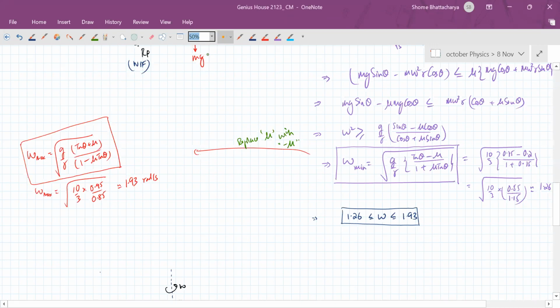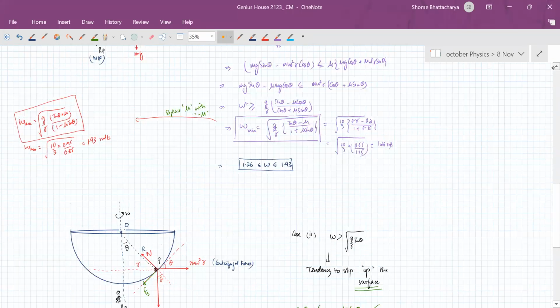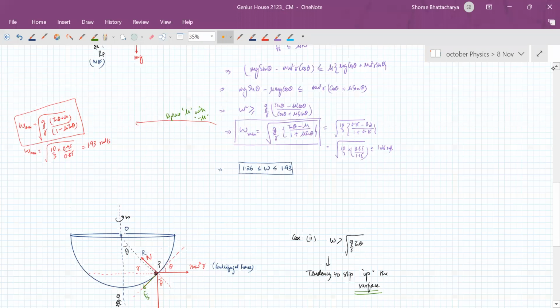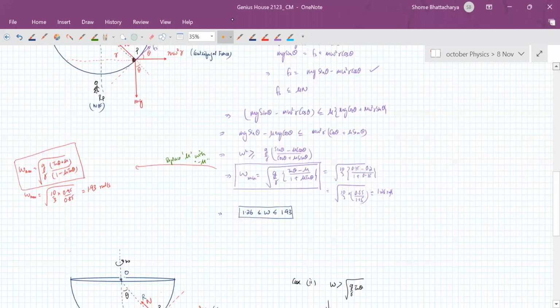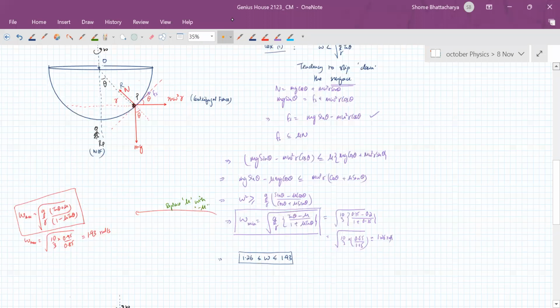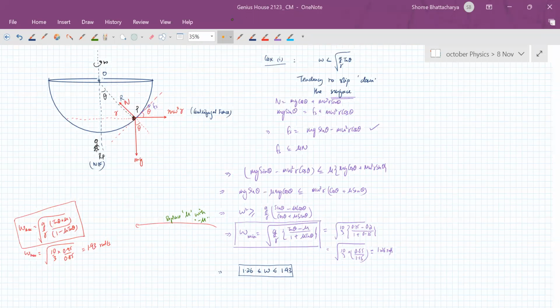Okay, so I'm just going to minimize this a little more and go through the cases again a little carefully. Understand the variations involving this situation where omega is less than this value, so there's a tendency to slip down the inclined plane, versus the next one where omega is greater than this value, so there's a tendency to slip up the inclined plane.